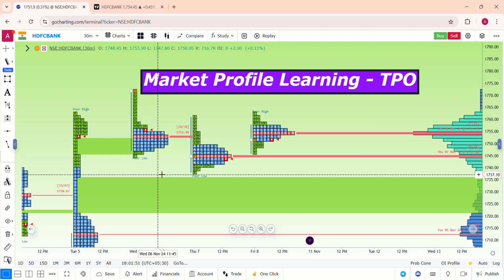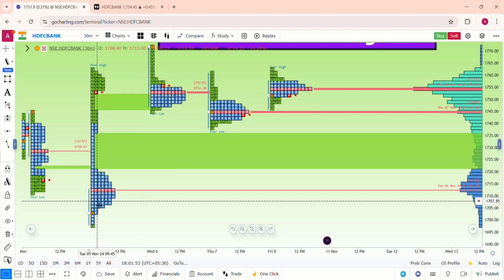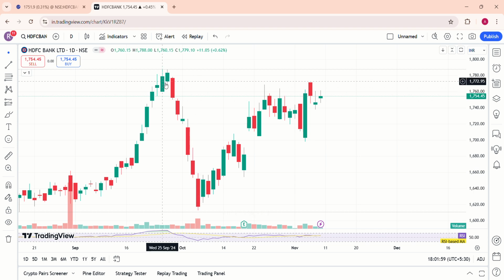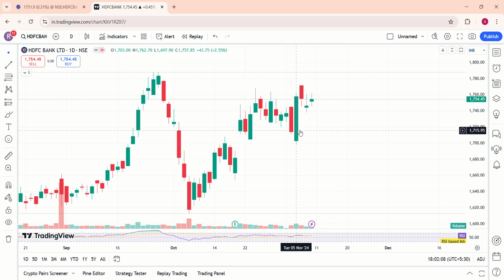If you see HDFC Bank on 5th of November, I have also taken the traditional chart for comparison. On 5th of November, HDFC Bank had very good buying pressure, right? It started from 1700 and went till 1760.